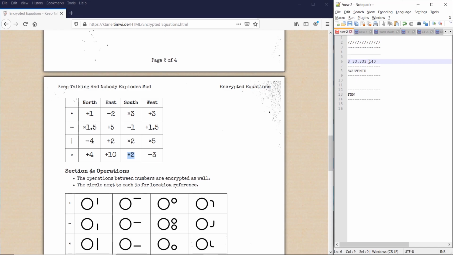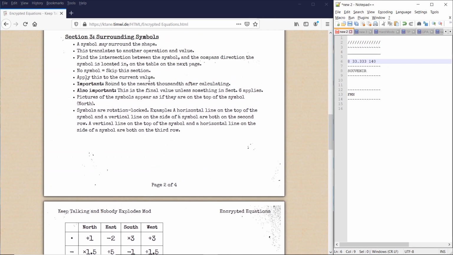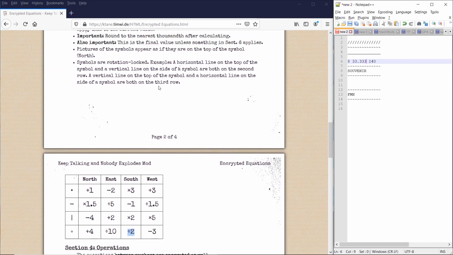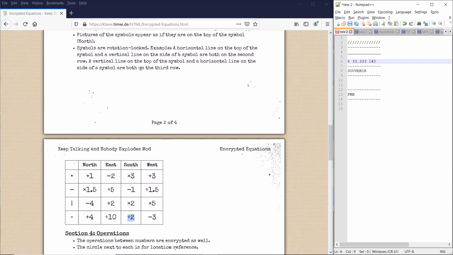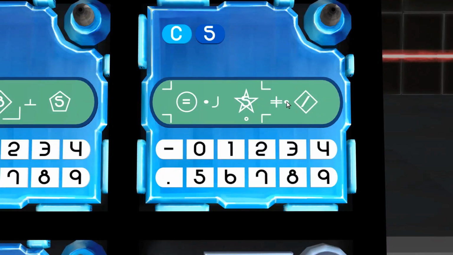And that gives us a new value of 16.6665. And again, we round to the nearest thousandth. Rounding that up gives us 16.667, and we move on.